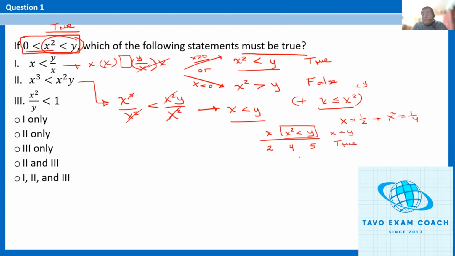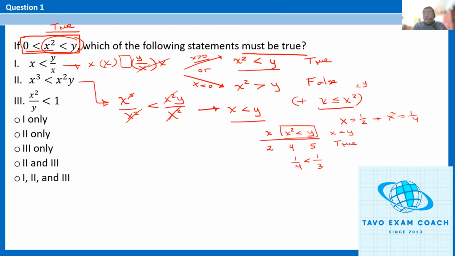But what if x squared were 1/4 and y were 1/3? It is true that 1/4 is less than 1/3. This is our premise, as it is stated above. But what about the value of x?